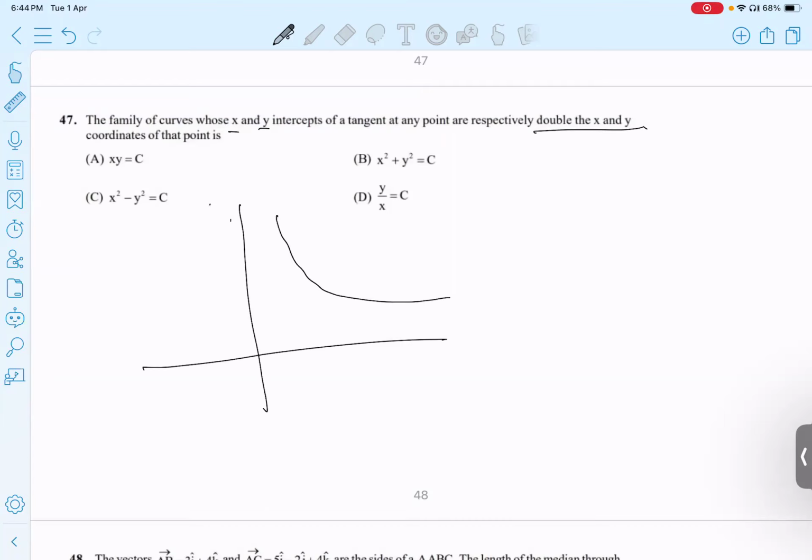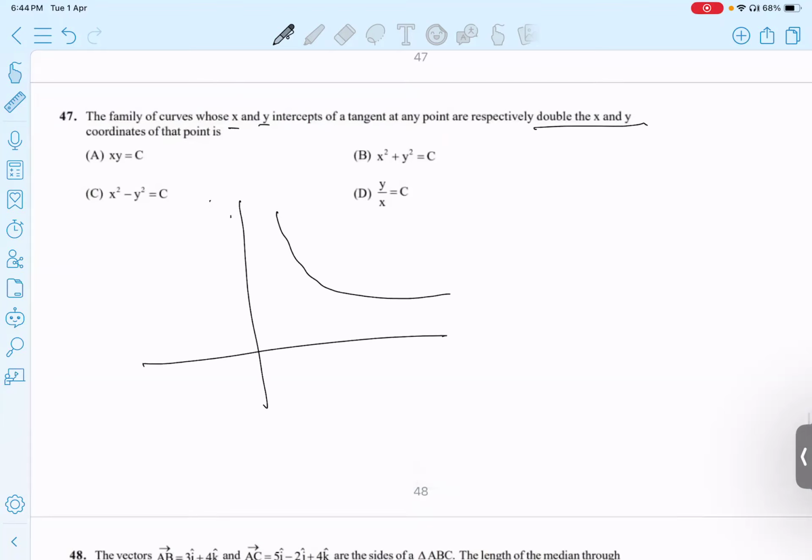So assume this is our curve. We have to draw a tangent. So this tangent line is passing through a single point. The tangent is given by dy by dx. What they have given is double. The intercepts are double, so I can name this as 2x comma 0, and this will be 0 comma 2y.